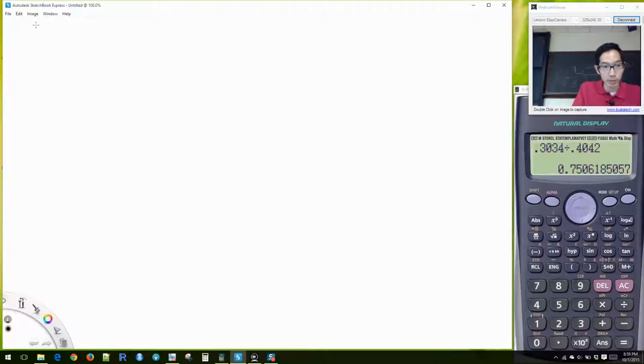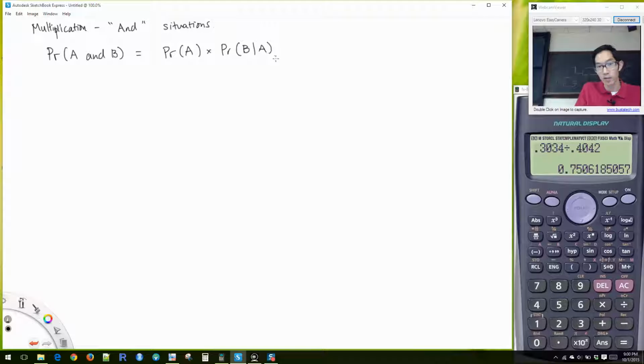Okay, so still 3.3, and then we're going to talk about multiplication. This is for AND situations. So if we have events A and B, then the probability of A and B is going to equal the probability of A times the probability of B given A. And we kind of saw this already when we did the probability trees.